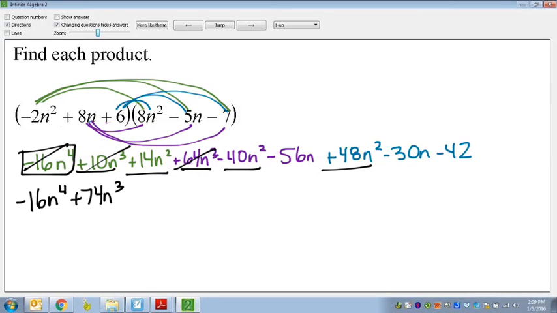Negative 26 plus 48 is 22. Yes. Positive 22. Wow, that was hard.